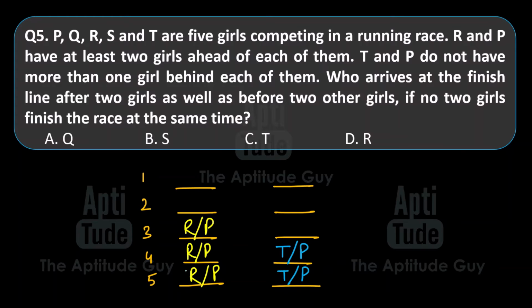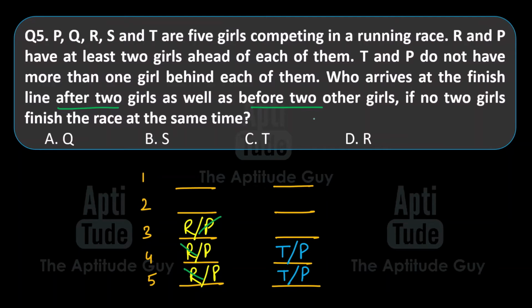So, from the fourth and fifth position, R gets cancelled. And from the third position, P gets cancelled because P can only hold the positions of fourth and fifth, nothing else. Now, what is the question? The question is who arrives at the finish line after 2 girls as well as before 2 other girls?